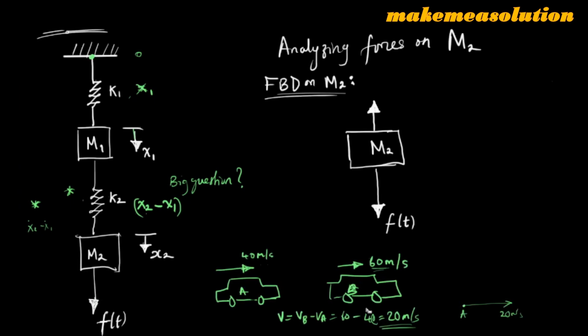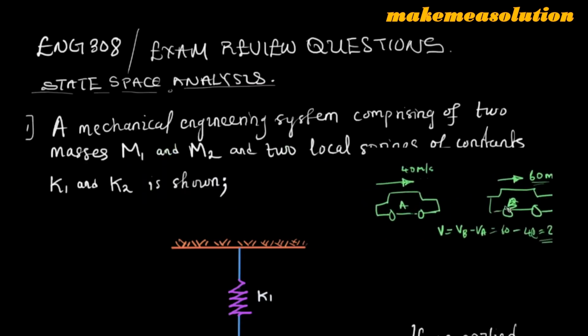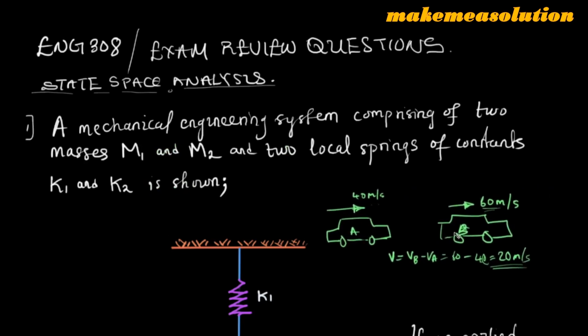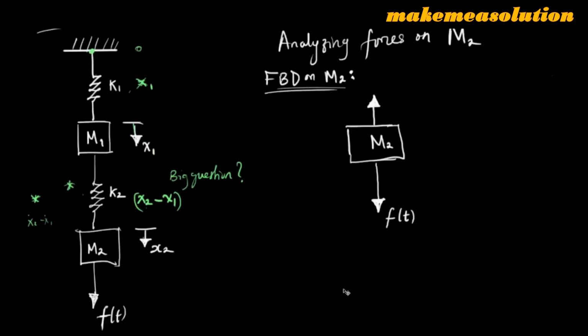Let me just crop and paste this analogy somewhere here, so that you might want to make reference to it in the future. So we've stated that the extension of this particular mass with respect to the first mass is x2 minus x1. Is that okay?